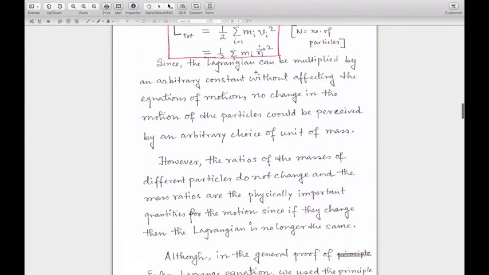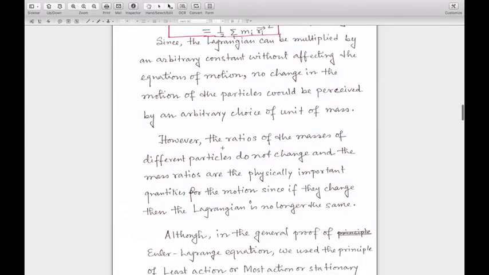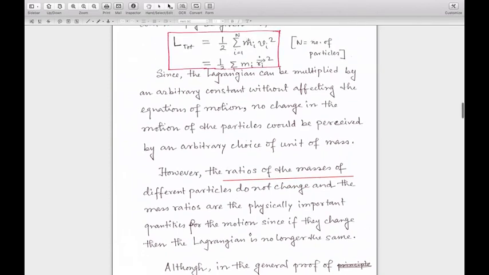However, remember that the ratios of the masses are very important. They should not change here. So let's say m1 by m2, m2 by m4, m3 by m1. These ratios, if they change, then there would be a problem. That means that there is a change in Lagrangian other than the multiplication by a constant factor.